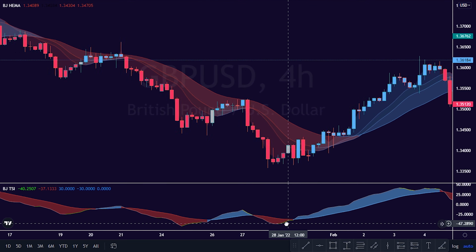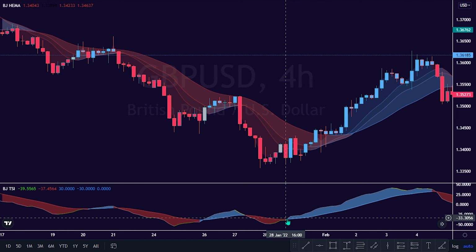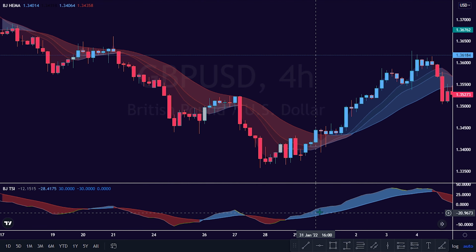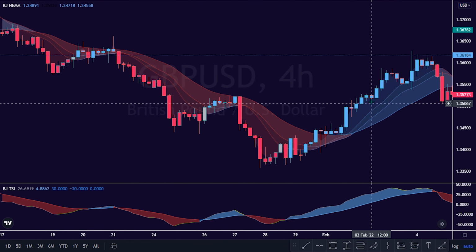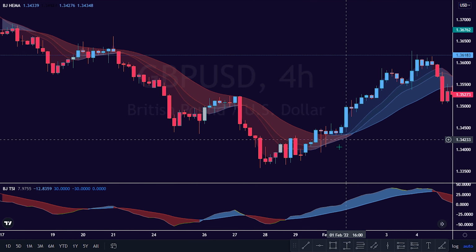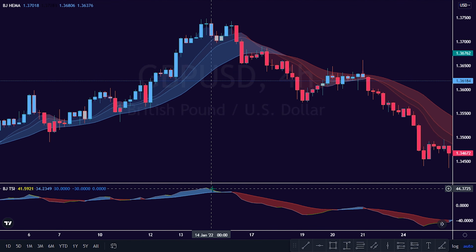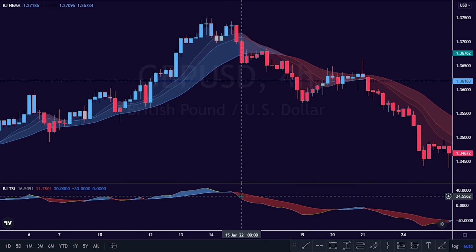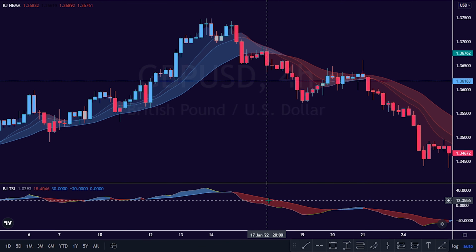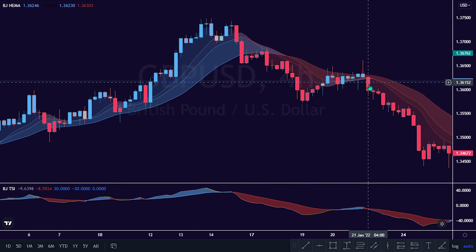As we can see here, whenever the signal line crosses above the signal value line, it changes to blue, and this indicates a bullish interest, as we can see here. Likewise, whenever the signal line crosses below the signal value line, it changes to red, and this indicates a bearish interest.